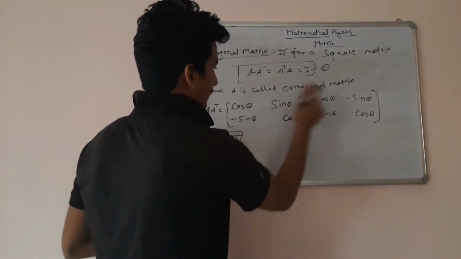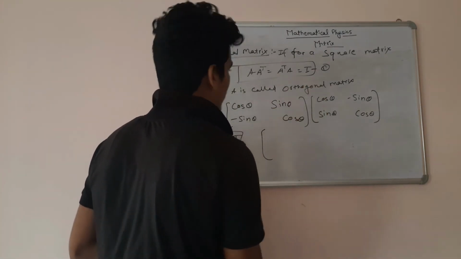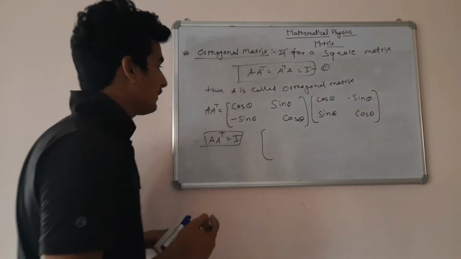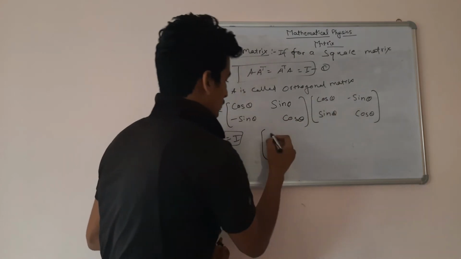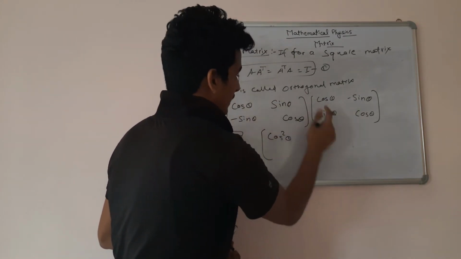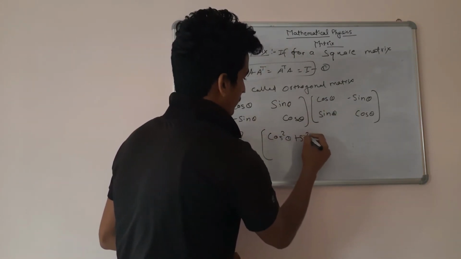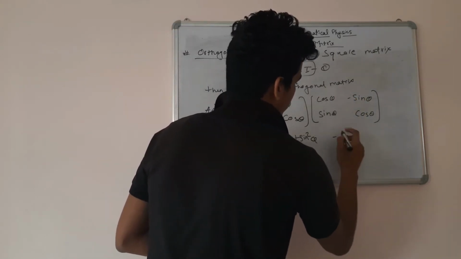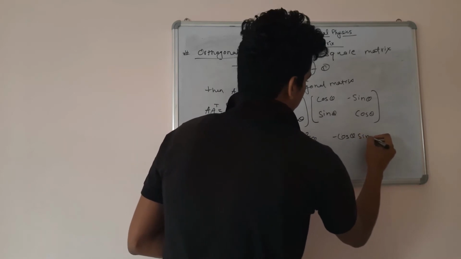Now multiply this. We all know the multiplication algorithm of matrices. So the first entry is cos square theta plus sin square theta. Then cos theta sin theta minus cos theta sin theta.